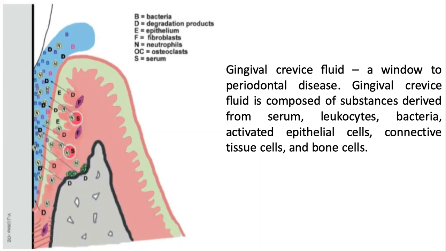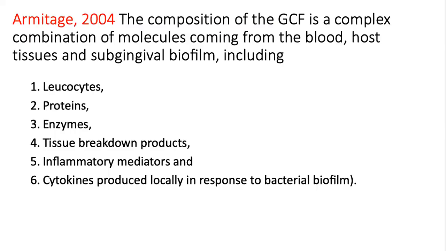Thus, it was indicated that the permeability of the sulcular epithelium was up to a molecular weight of 1000 kilodalton. Yet another important point: Armitage also gave the composition. Again, he suggested the presence of leukocytes, proteins, enzymes, tissue breakdown products, inflammatory mediators, cytokines, etc.